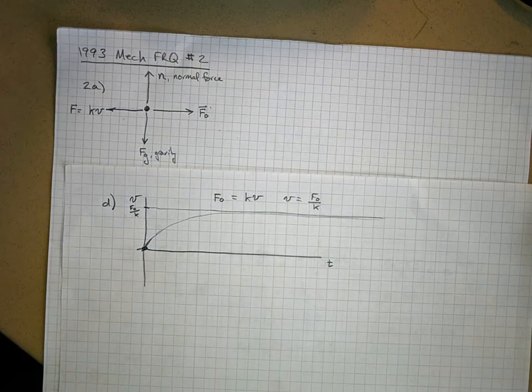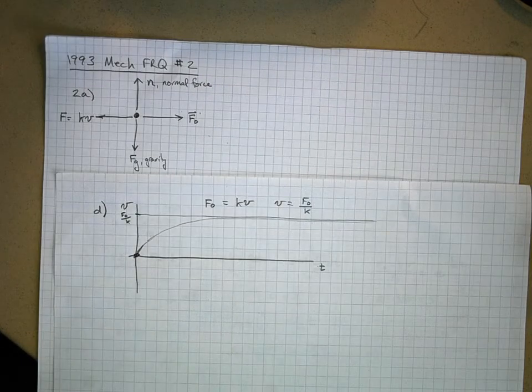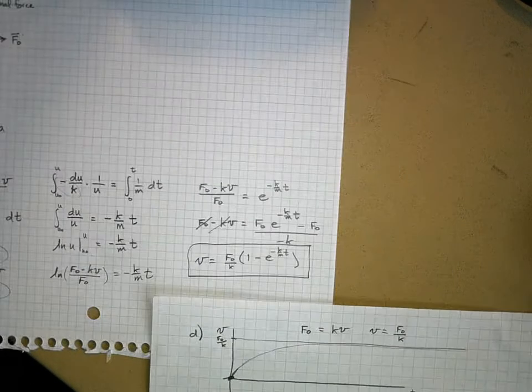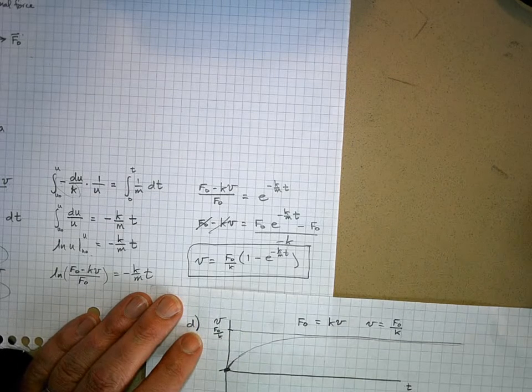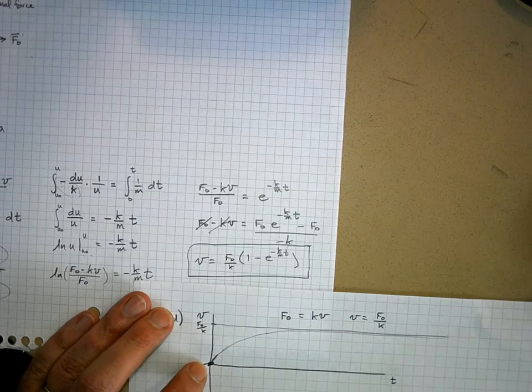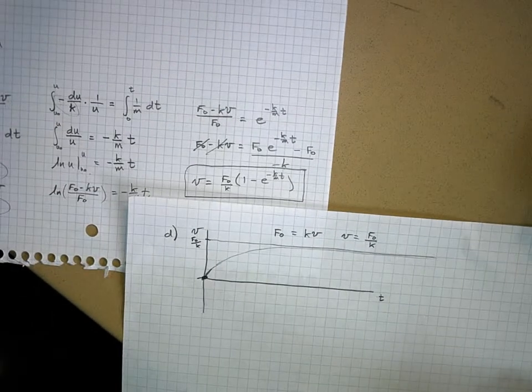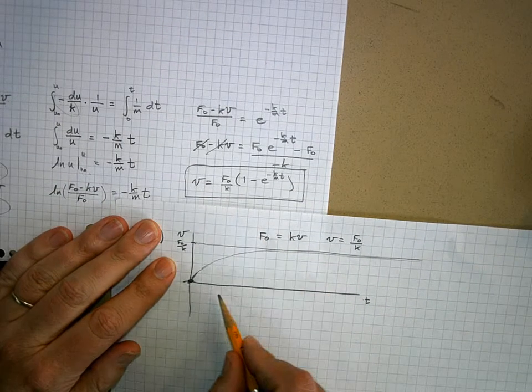Now, look, folks, here's what I'm saying. You didn't need to solve part C correctly to get part D right. Please keep that in mind. When you're dealing with graphs, you can figure out a lot without going through all the fancy math. Now, let's take a look at the equation here. If you just graph this equation, you get this.